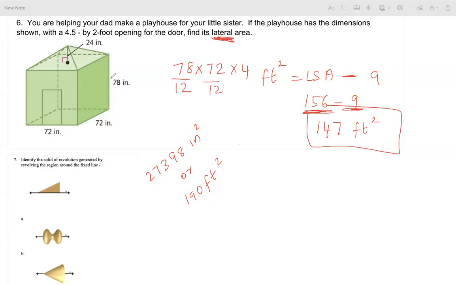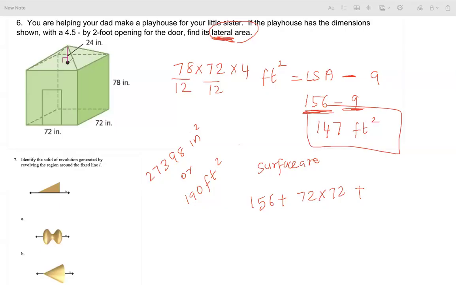Avyukt, what did you do? See, they have asked for lateral area. They did not ask for total surface area. If they asked for the surface area, then in that case, I understand, guys. You need to do this lateral area 156 plus bottom is 72 times 72, and the top is the triangle area. What is the triangle area?